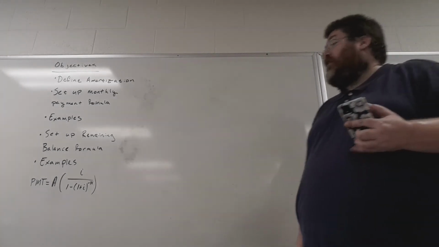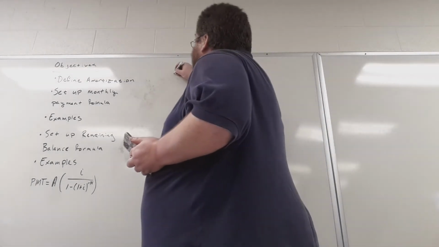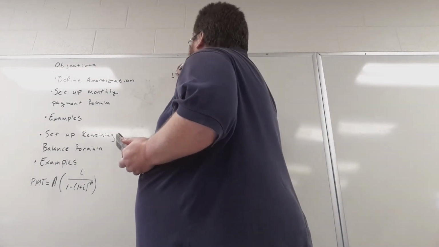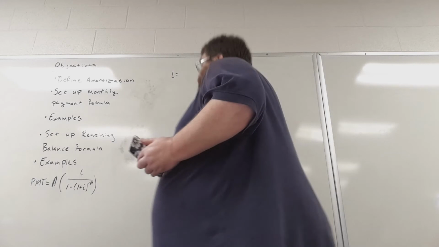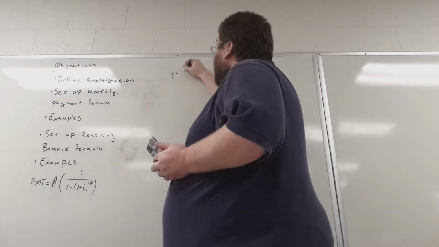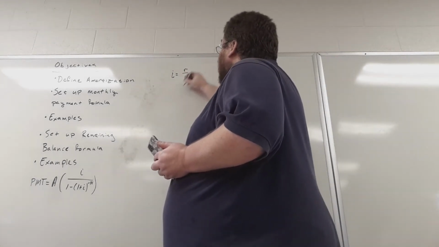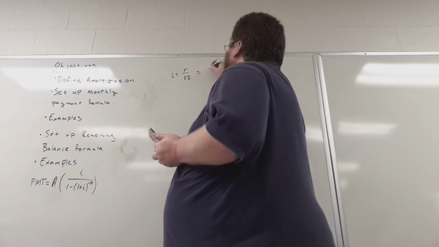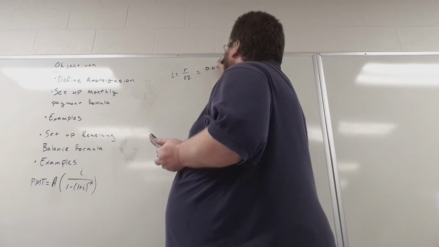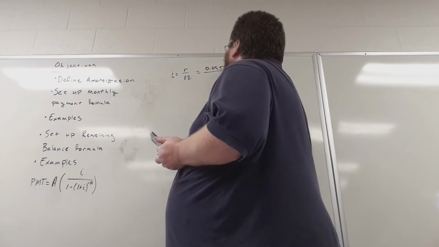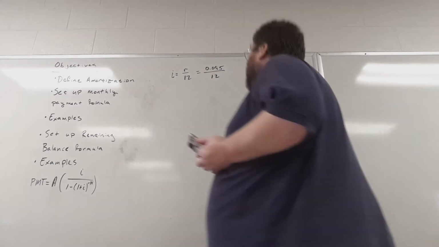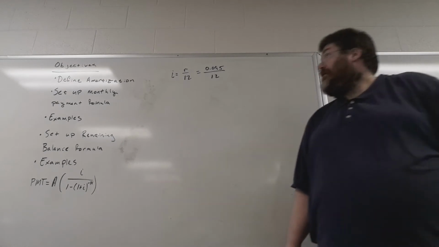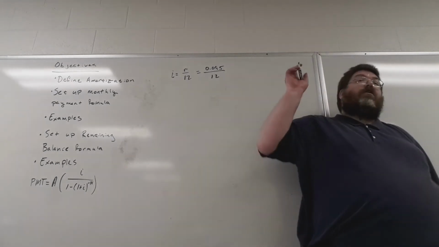The first thing I ask you to do is calculate I, the periodic rate. And we said I was R over 12. And R is the APR of 9.5% in decimal form. And honestly, that's as far as we need to take that.